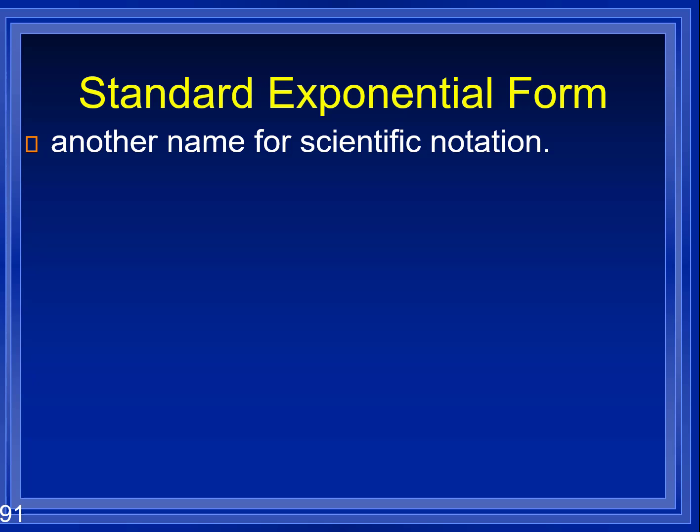Scientific notation just tells me who uses it. Standard exponential form tells me what it's like. Standard: we are going to run into the word standard a few times this year. Standard means a group of people got together and said, this is the way we're going to do it. There's no reason in nature for doing it, but we're going to do it this way. That's what standard means.